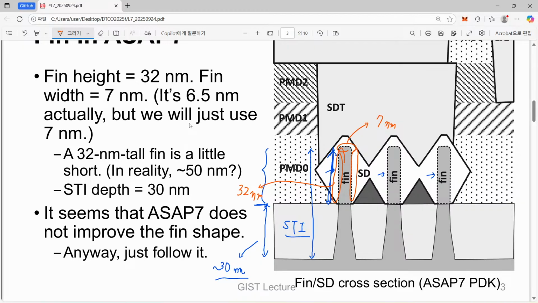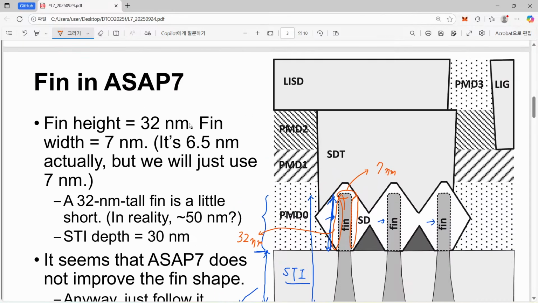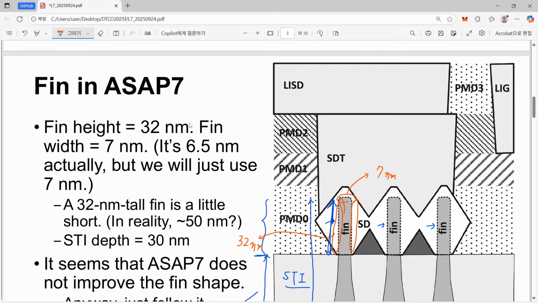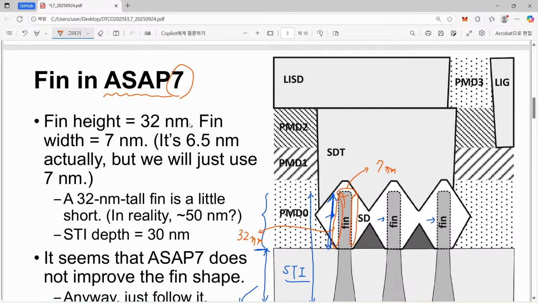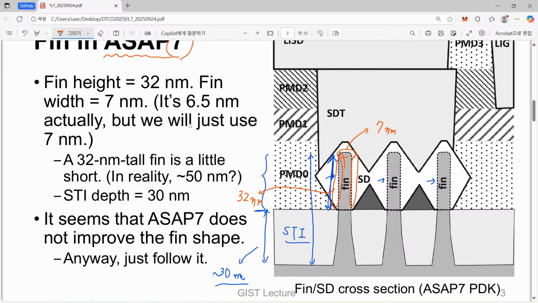What is the trend? This is corresponding to the 7 nanometer technology, although it is shown here as ASAP 7, but actually when the authors of this ASAP 7 PDK tried to make this future prediction, they didn't make the improvement of a fin shape.